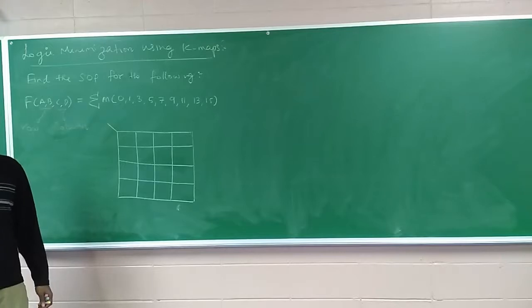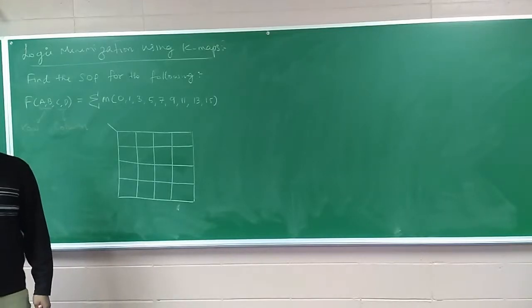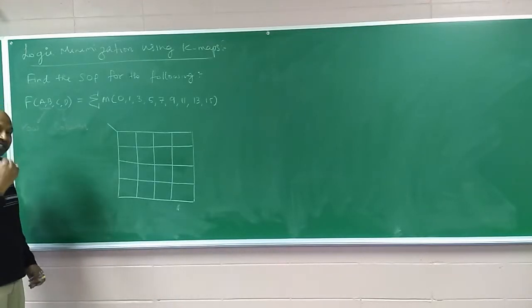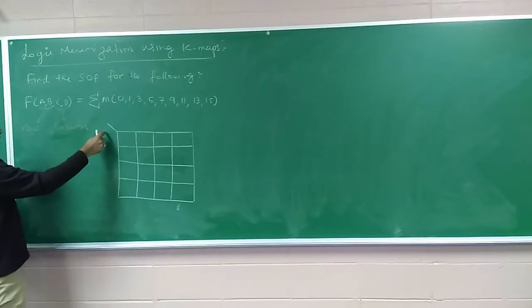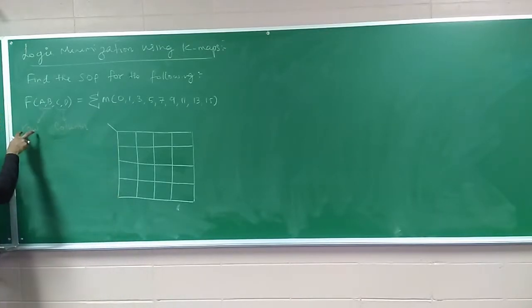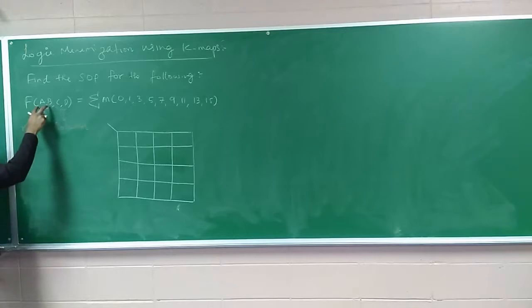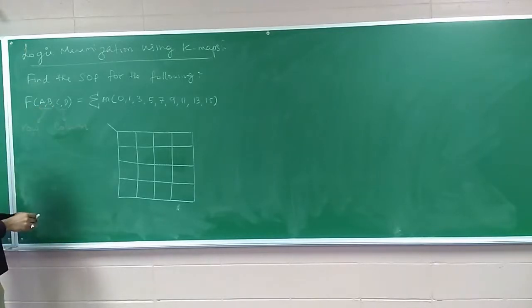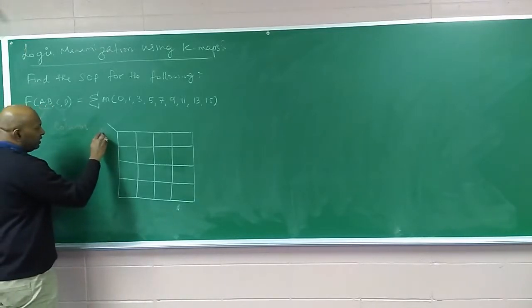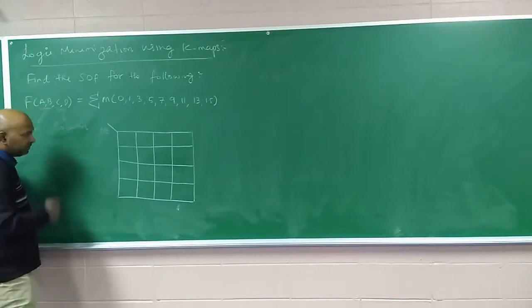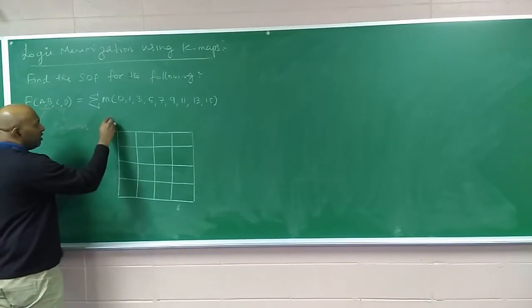Now I need to assign each box to one row of the truth table. So let's see how it's done. For the rows, the more significant ones will be assigned, so A and B are going to be assigned to the rows, and C and D to the columns.